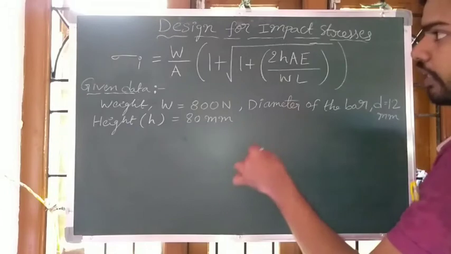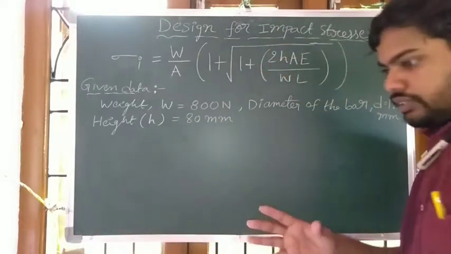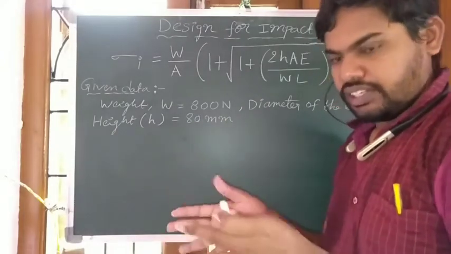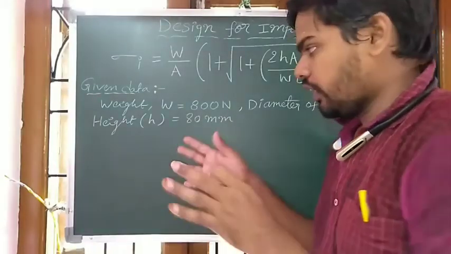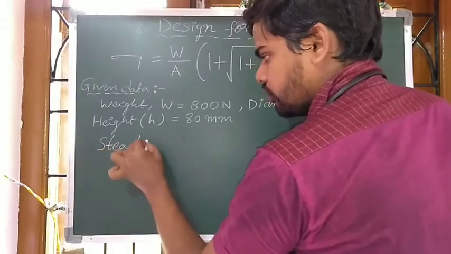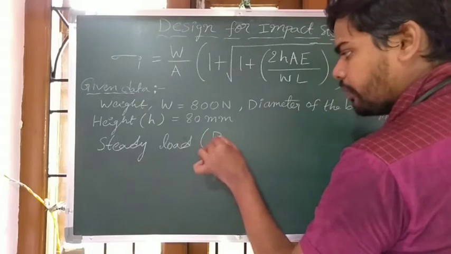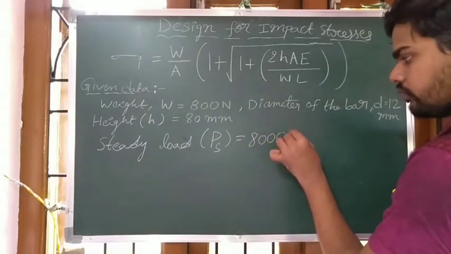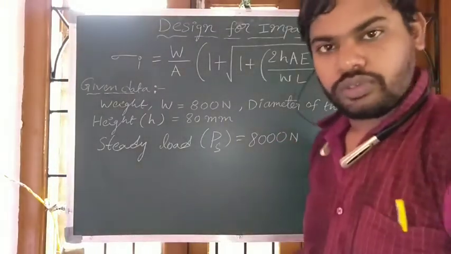And again, here we have two conditions. Initially the bar is subjected to a steady load of 8 kilonewton. So the steady load, let us say capital P, is equal to 8000 Newton. 8 kilonewton means we can say 8000 Newton. We can convert it.